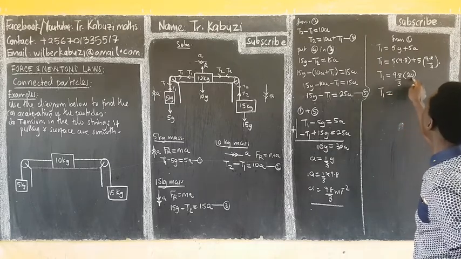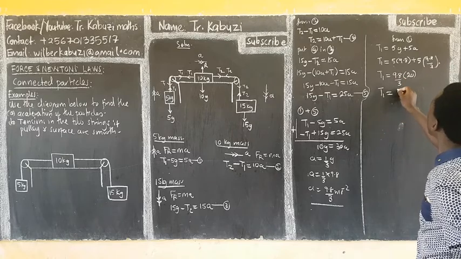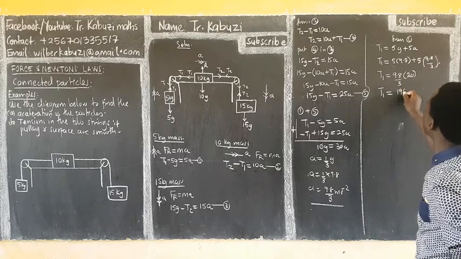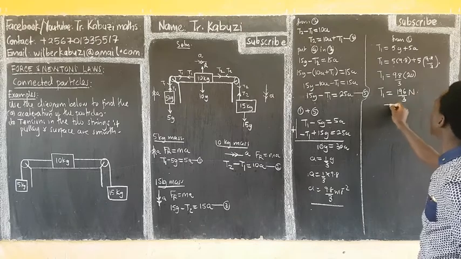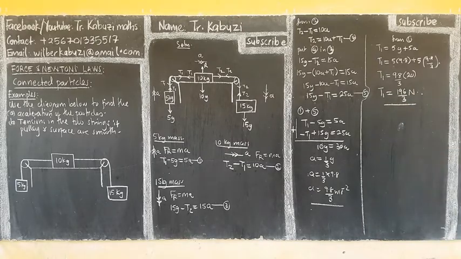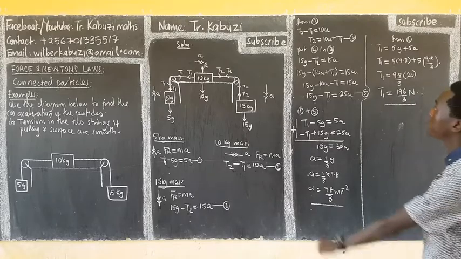The one is going to be 98 over 3, and these are going to be in newtons, as simple as that. When you cross multiply this 3 here, you get 15, and here you have the 5. So this 5 plus the 15, you get 20. This one is common, the LCM with the 3. As simple as that.